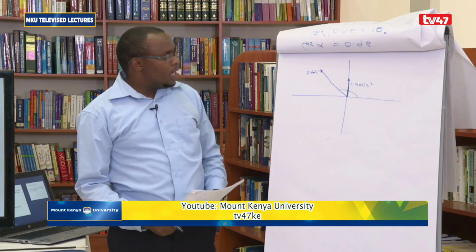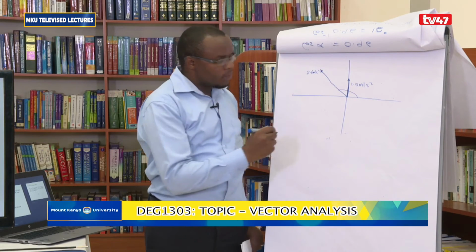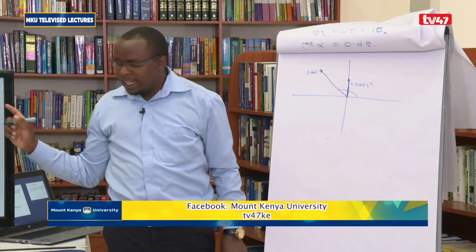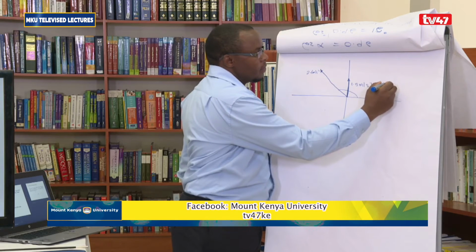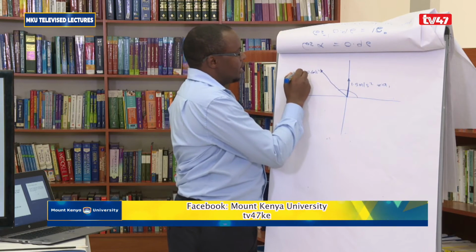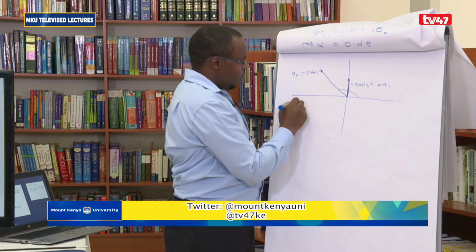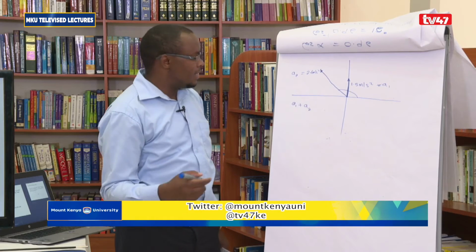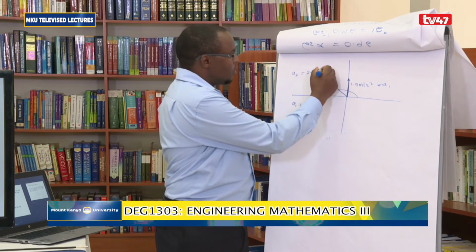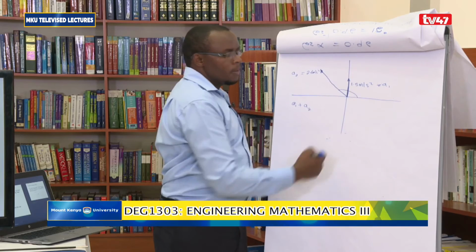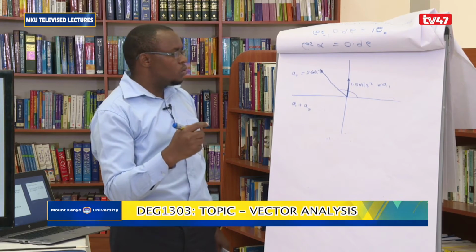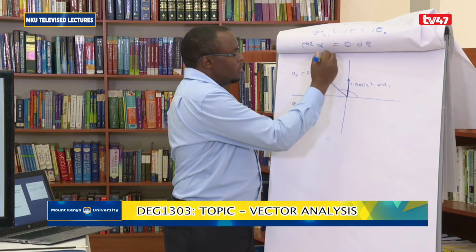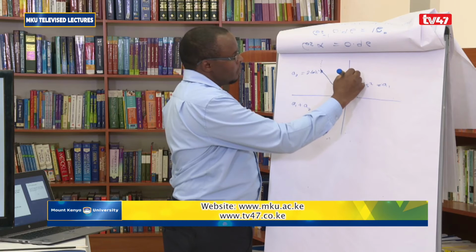So you are supposed to get the result of A1 plus A2. This is A1 and this is A2. So simply this is vector addition. As you can see, we have these two vectors, and if you want to use the parallelogram method, you just reproduce this such that it forms a parallelogram like that.